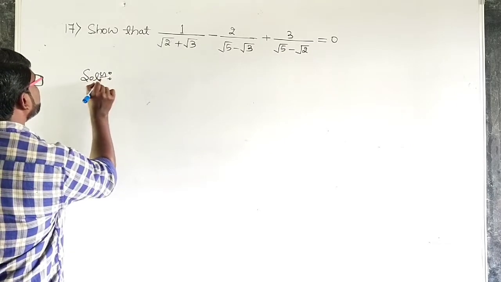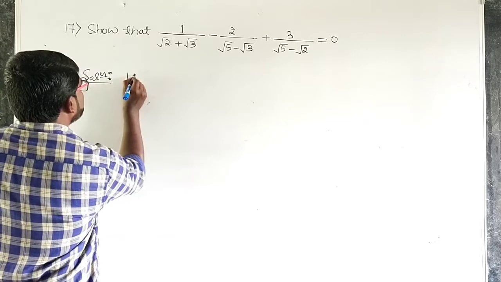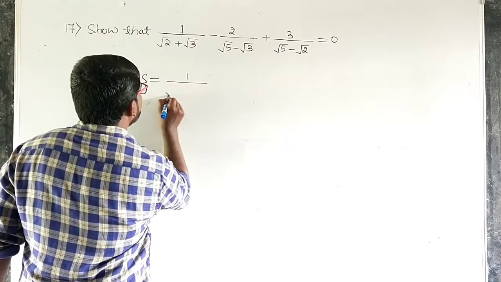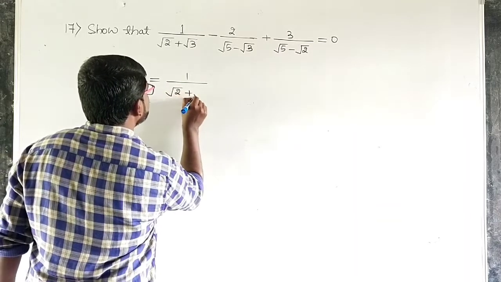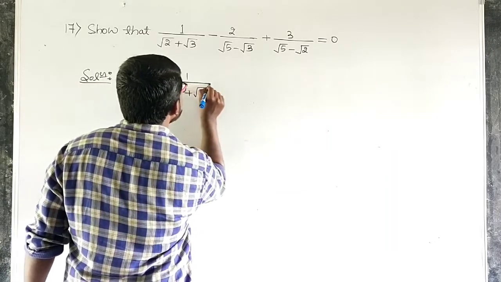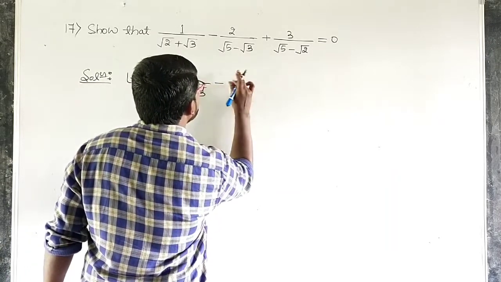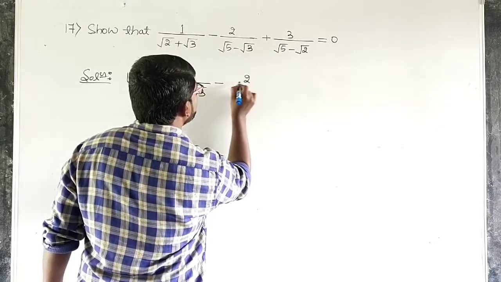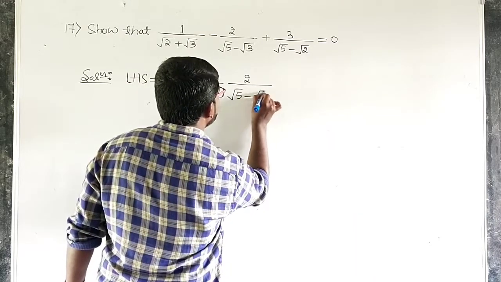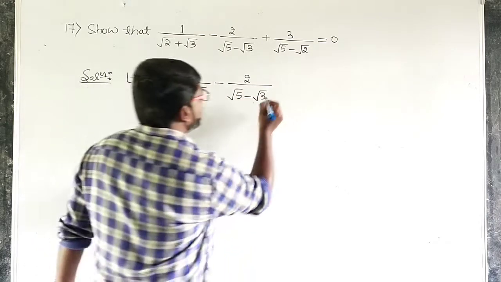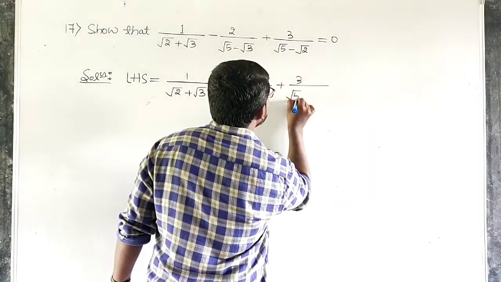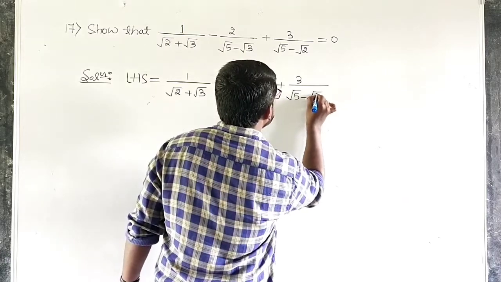So take this as the LHS which is equals to 1 divided by root 2 plus root 3 and then minus 2 divided by root 5 minus root 3 and then plus 3 divided by root 5 minus root 2.